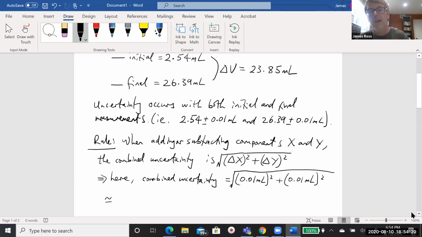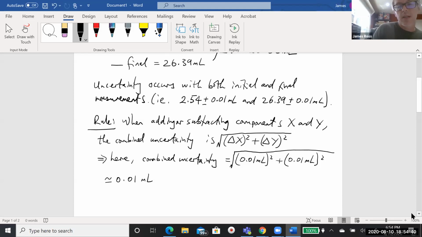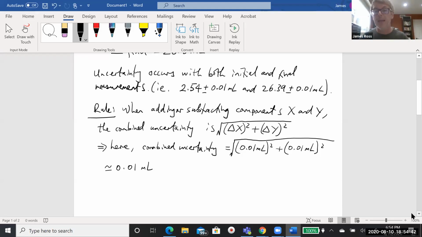to a second decimal, I'm approximating because the real value is going to have extra values that I have to round. So it's approximately 0.01 mL. So in this case, it looks like my absolute uncertainty is the same as my combined uncertainty, but in general, they're not the same thing.